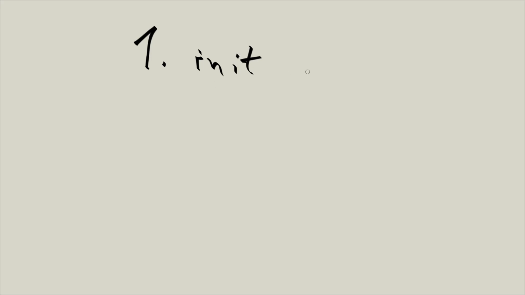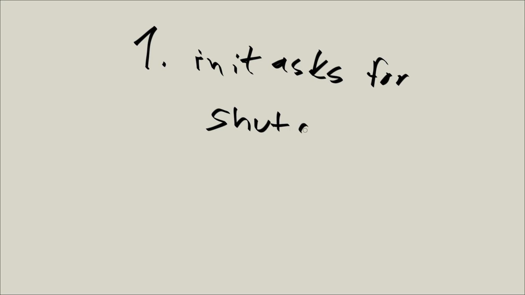Okay, so the first step is Init asks for shutdown. Basically Init asks every process to shut itself down. I'll just abbreviate this as Init asks for shutdown. Then the second step is if some process doesn't respond, Init initiates a kill with the TERM signal.